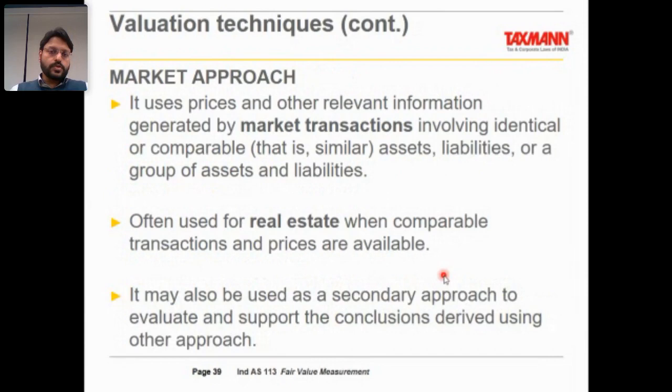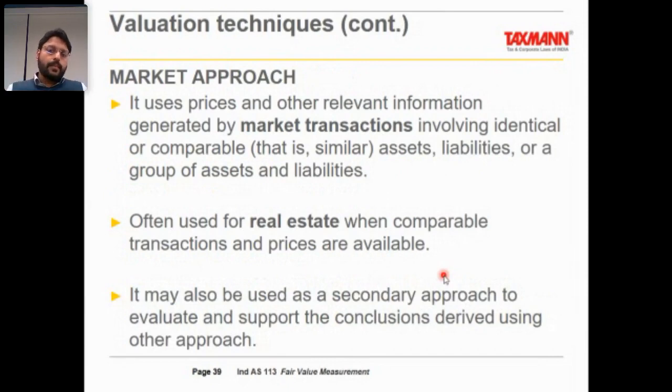Of course, suppose I have applied a DCF, a discounted cash flow approach, because I had sufficient information available. Then whatever fair value I have arrived at through DCF, I can corroborate with evidence from the market approach, based on recent transactions for a similar price.